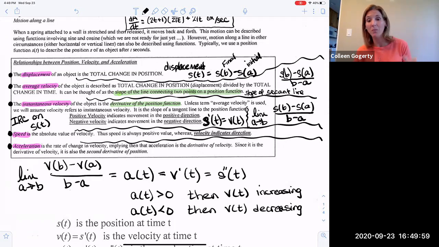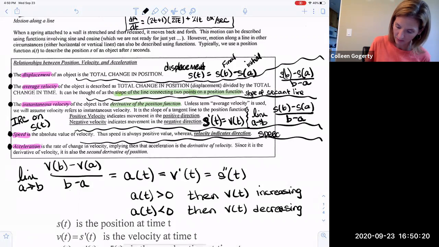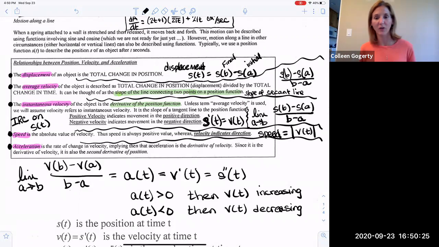Velocity is powerful because it's telling you direction. Speed is just giving you how fast something's moving, okay? So velocity is a little bit more powerful for us in terms of physics and looking at the motion of objects. So let's get this down. Speed is the absolute value of our velocity function.